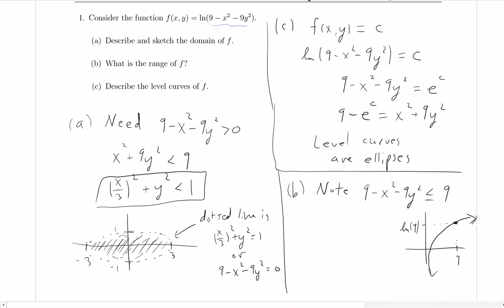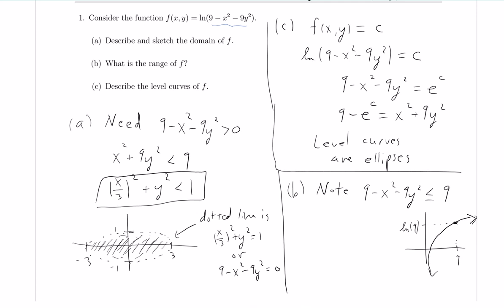We're never going to get anything bigger than log 9. Now let's think if there's a minimum value. And you can quickly convince yourself that there's not. x and y can get as large as you want, and you can get very, very small things.